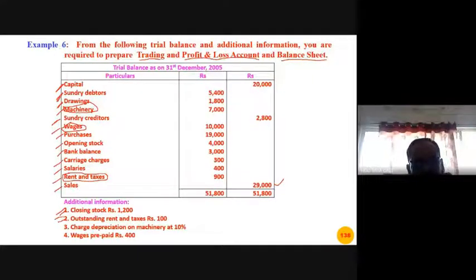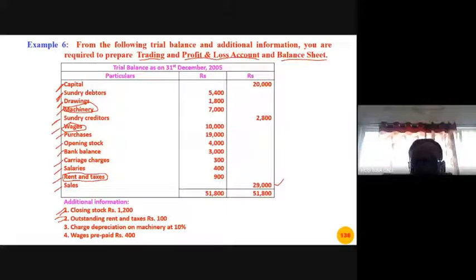Rent is still to be paid for this financial year. So it is a liability. So any outstanding expenditure is regarded as a liability. So this has to be shown on the liability side of the balance sheet as well. Once it is adjusted to the respective account in the trading and profit and loss account, again it is to be shown as the liability.